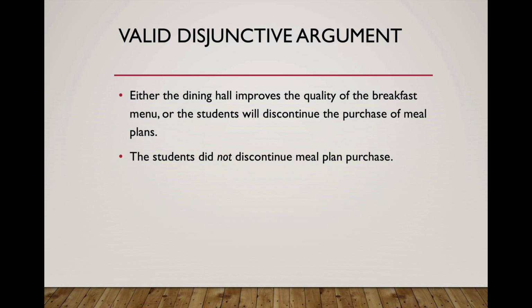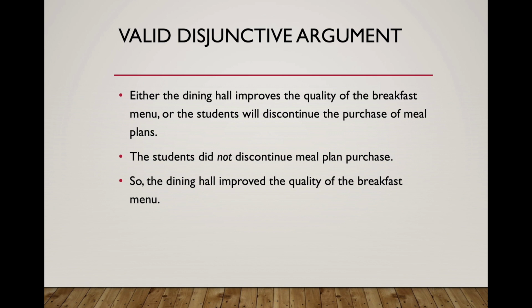Because when we look at that first disjunctive statement, we know one of the disjuncts must be true. They could both be true, but they cannot both be false. Therefore, knowing that one of them is false, we conclude with certainty that the remaining one is true. And so we can conclude in this case that the dining hall improved the quality of the breakfast menu.